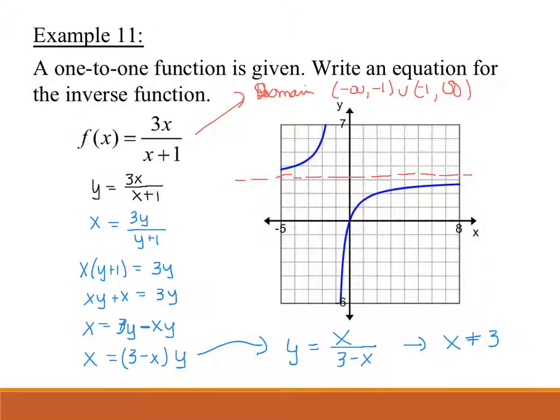But now the domain of the inverse function is negative infinity to 3, union 3 to infinity. So notice that the inverse function now has a domain of the range of the original function, and it turns out that the inverse function has a range of the domain of the original function.